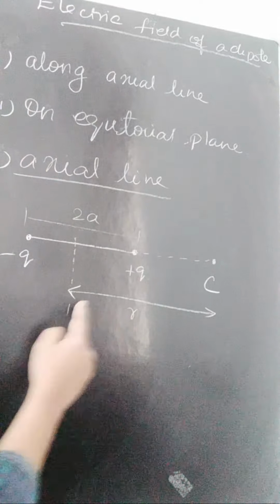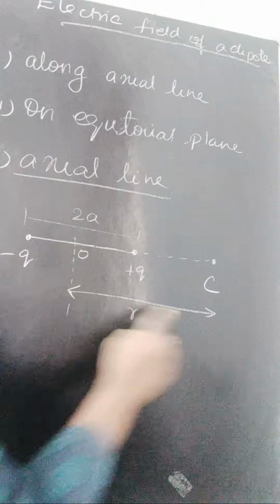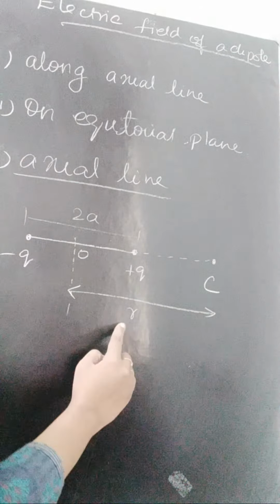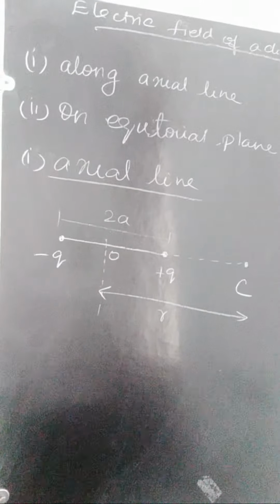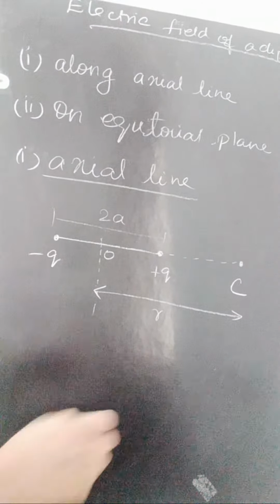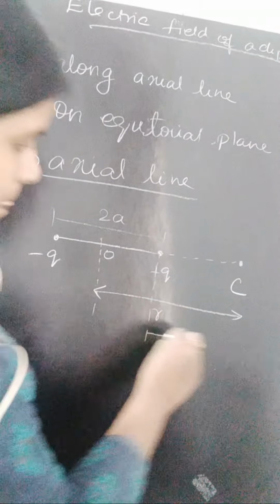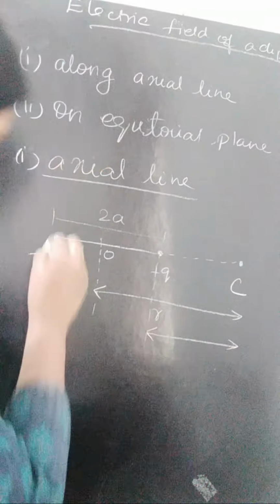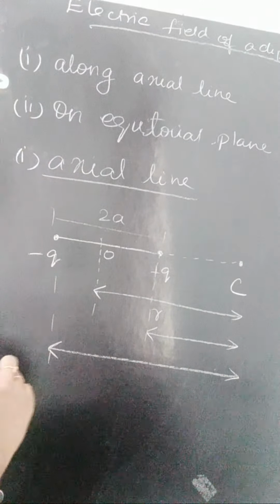So the distance from the center of the dipole to the test point is r. Can you let me know the distance between plus q and C, and minus q and C?